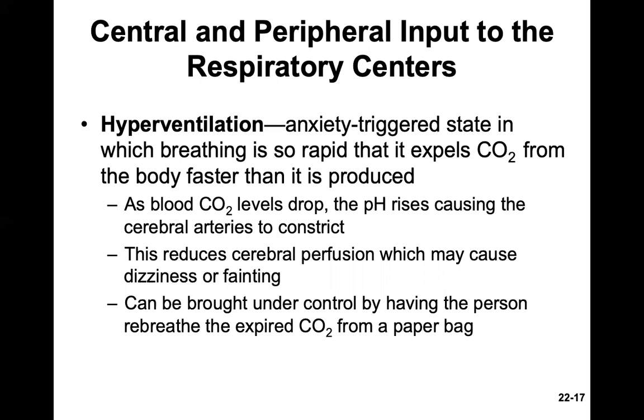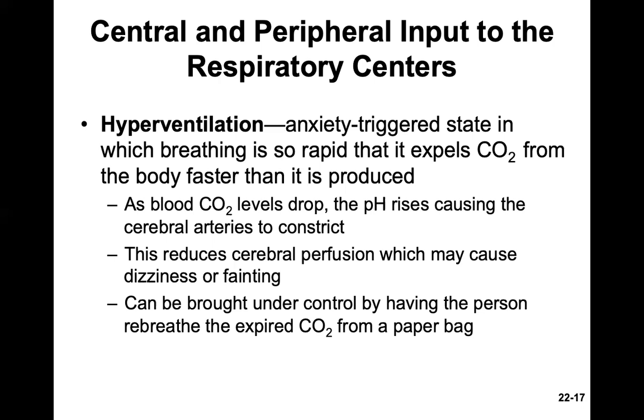When your pH rises, that will cause the arteries in your brain to constrict. This decreases how much blood is perfusing through your brain, and this can be why you become dizzy or actually faint when you hyperventilate, when you breathe too quickly. This can be brought under control by having the person rebreathe expired carbon dioxide from a paper bag.